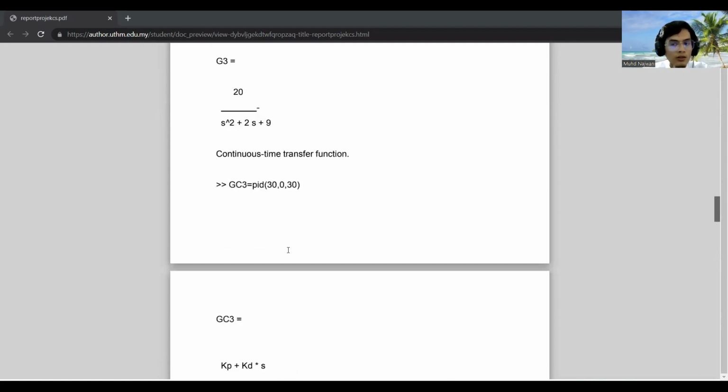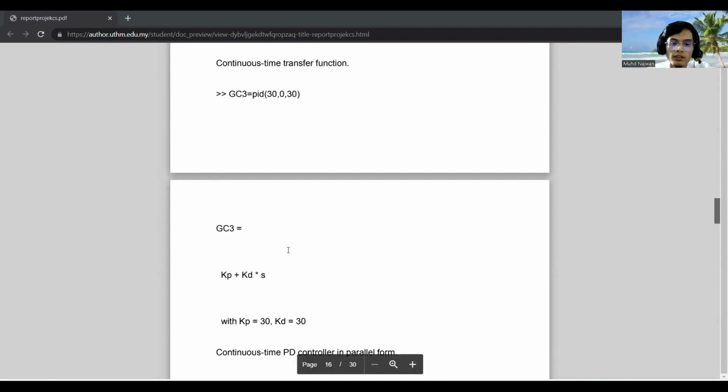So to declare the PID, I use GC3 equal PID bracket 30, 0, and 30. So the answer I get is GC3 equal to Kp plus Kd S with Kp equal to 30 and Kd equal to 30.